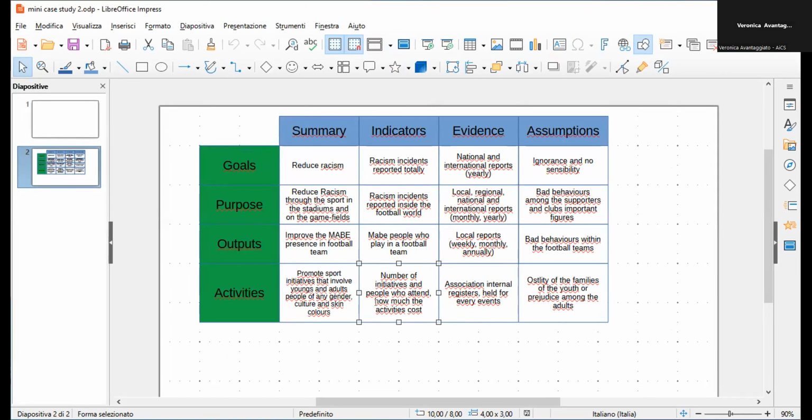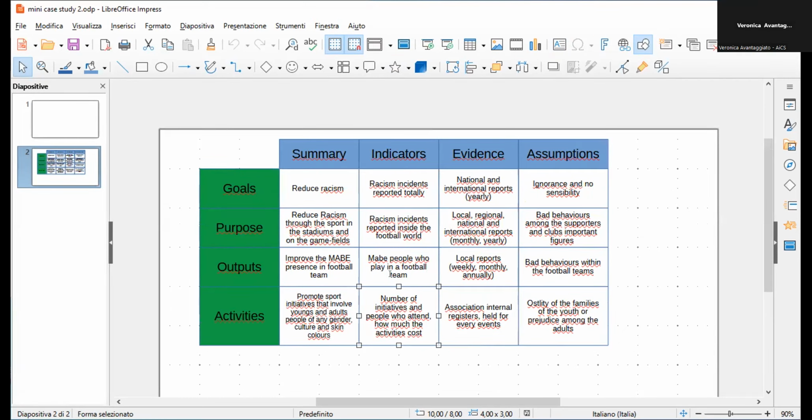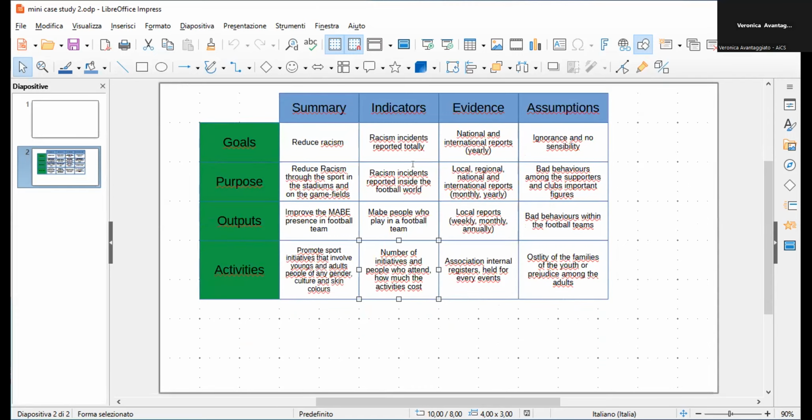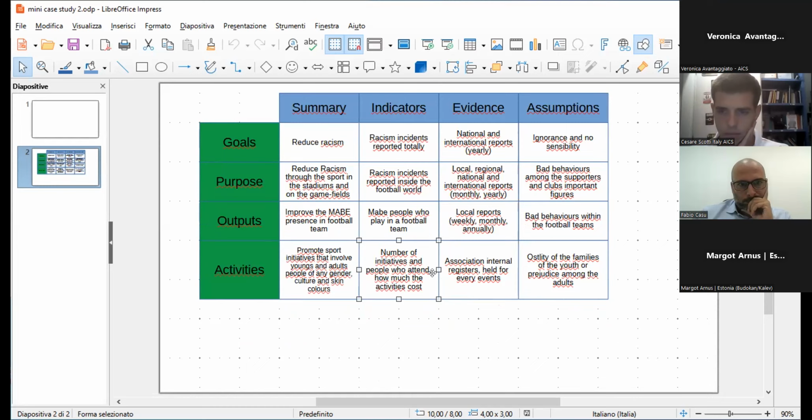We are doing the initiatives, so we know the number and the people who attend our initiative. I don't know if this can be an indicator, but probably yes, because if my association does 2 events, we have the number of the events. Of course, that is an indicator, a very good indicator.